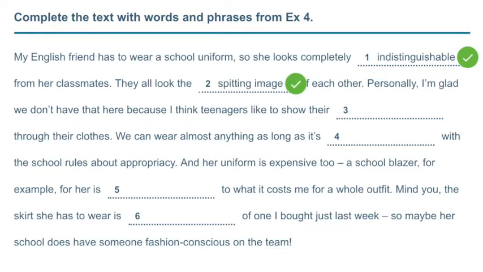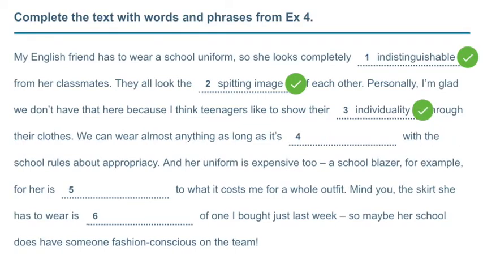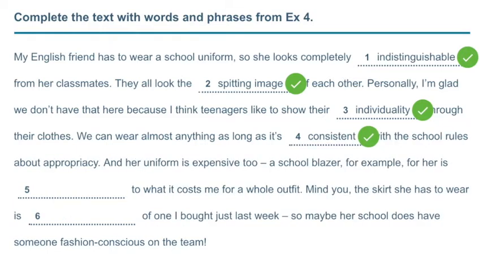The spitting image of something. Personally, I'm glad we don't have that here, because I think teenagers like to show their individuality through their clothes. We can wear almost anything as long as it's consistent with the school rules about appropriacy.